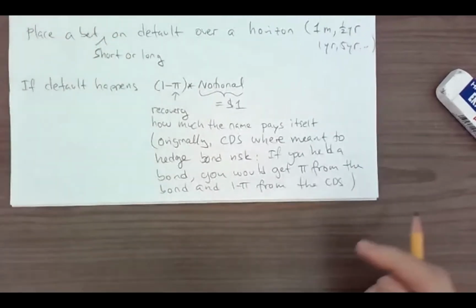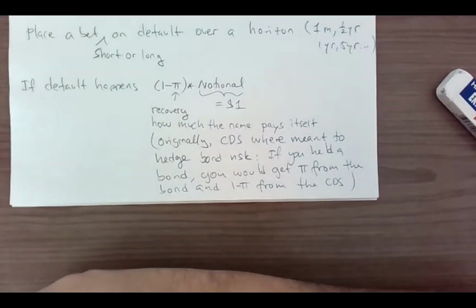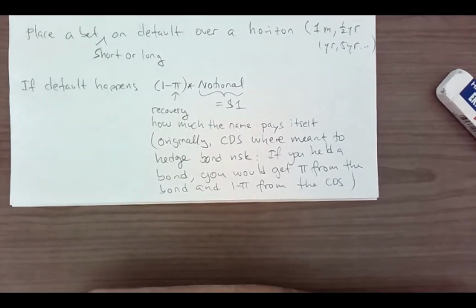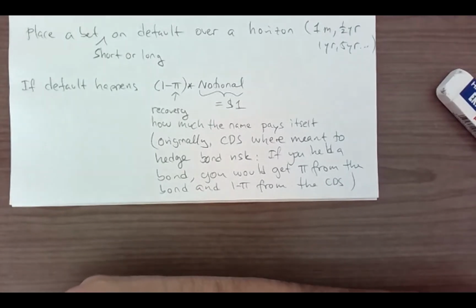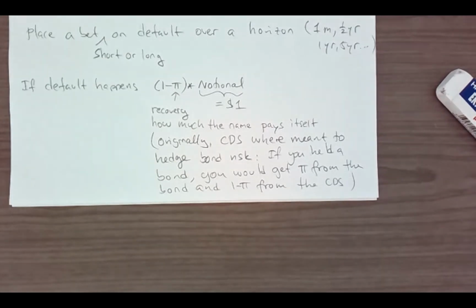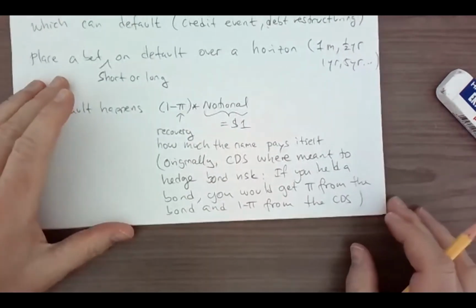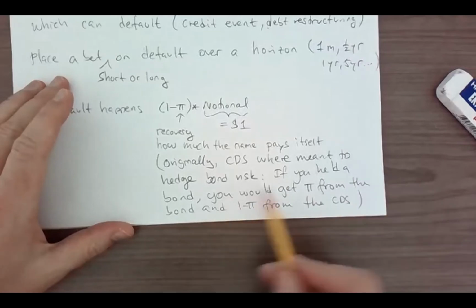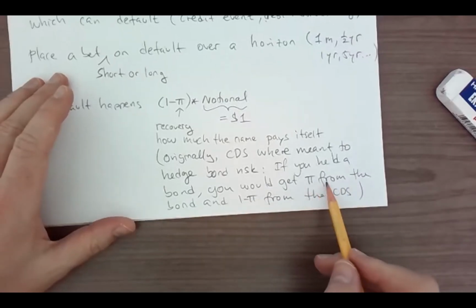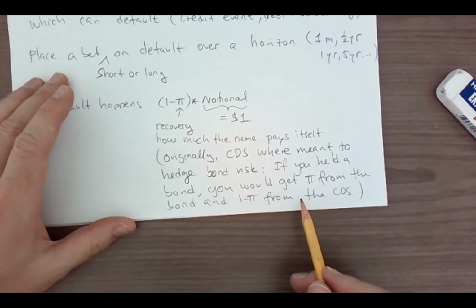So overall, you get your $1 back. That was how it was, I think, originally intended to work. You would have to have the bond, and then you will get the pi from the company, and you get 1 minus pi from the CDS.